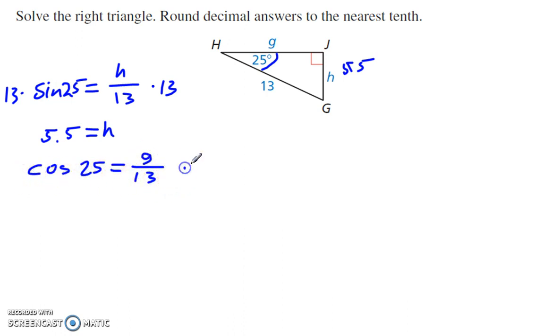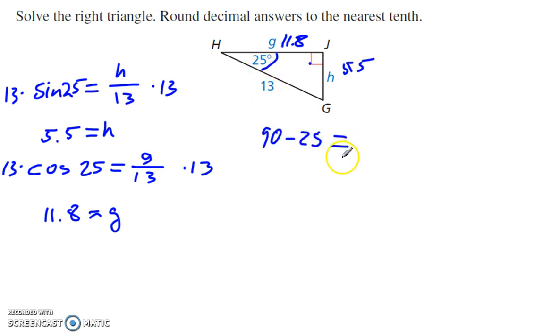Multiply by 13 again on each side, times 13, and that is about 11.8. That's what we get for g right here. And this third measure, I don't need to do a lot of calculating. I know that this is 90, so 90 minus 25. And that gives me a measure of 65 for this angle.